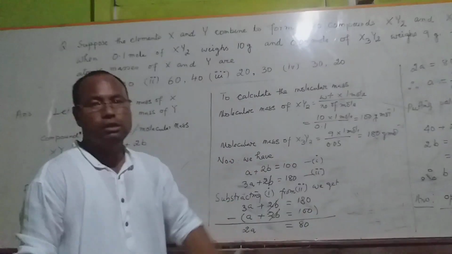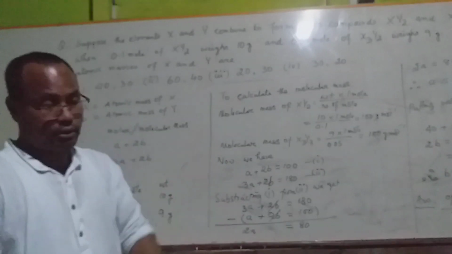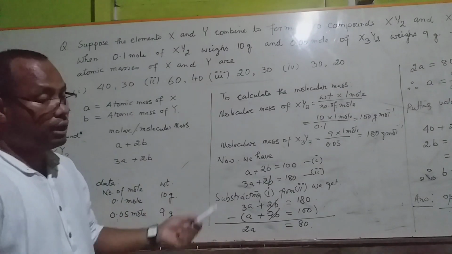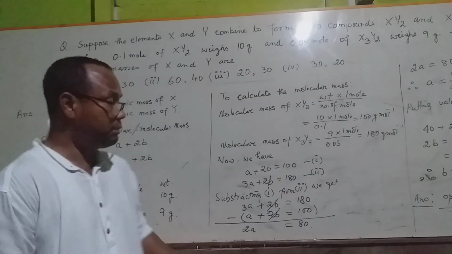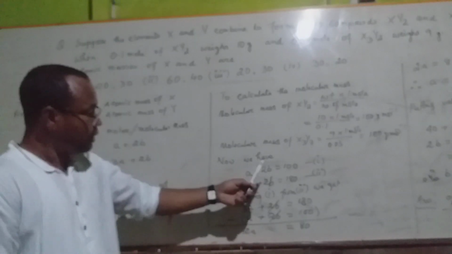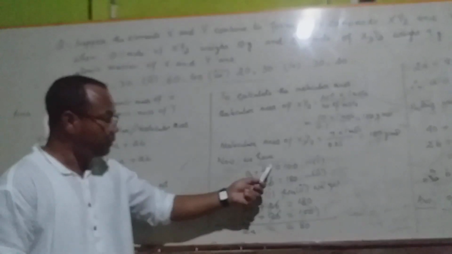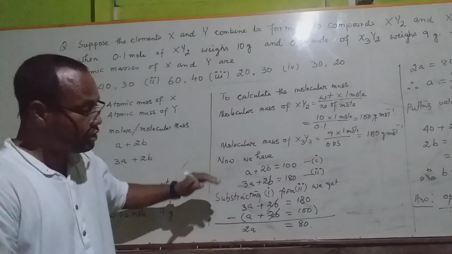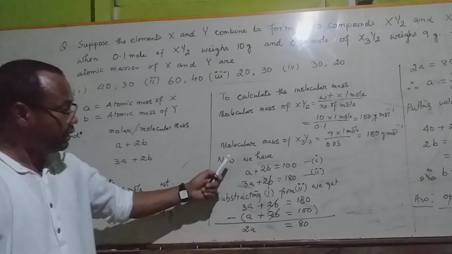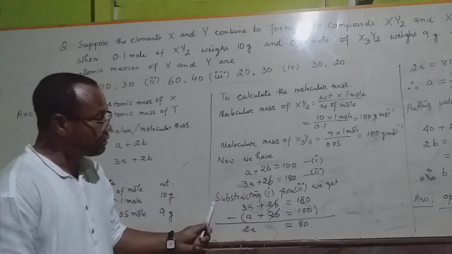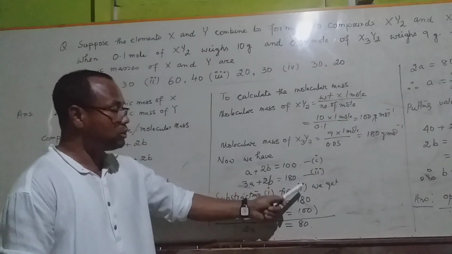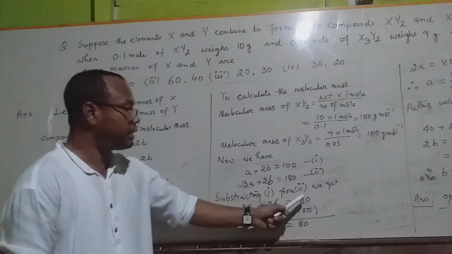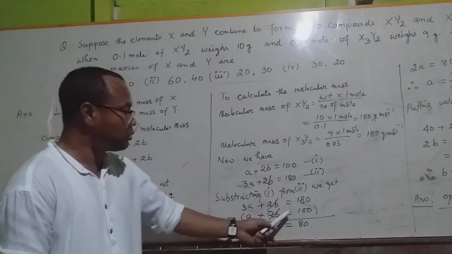Comparing equation 1 and equation 2, remember one of the factors should be common so that it can be cancelled, and then we can calculate the other mathematically. Since we have the common factor 2B in both, we need not multiply by any integer. So by comparing these two, we can find the value of A. Subtracting equation 1 from equation 2: 3A plus 2B is equal to 180, and A plus 2B is equal to 100.